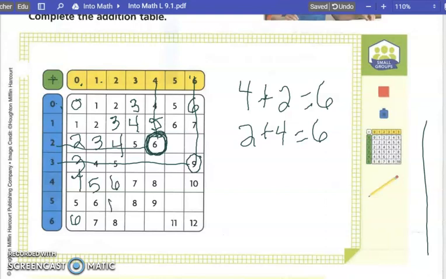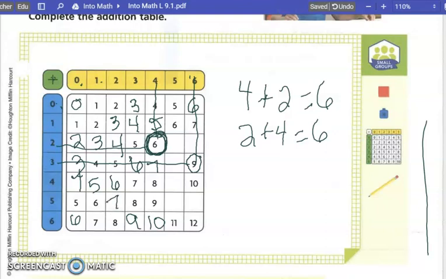And 2 plus 5 is 7. 3 plus 3 is 6. 3 plus 6 is 9. 4 plus 3 is 7. Oh, I did. That should be over here. This would be 9. Sorry. Okay. Oh, I sure did. How did I do that?